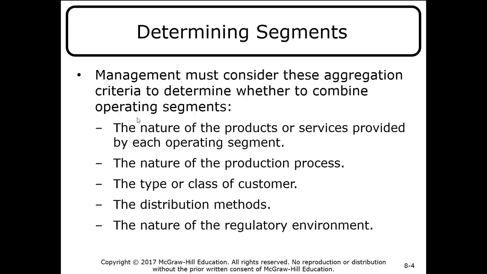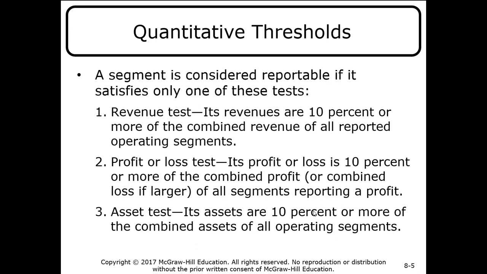So it could be the nature of the product or service, the class of customer, the distribution methods, the regulatory environments, and the like. These segments are tested with 3 tests to determine whether it is a reportable segment.